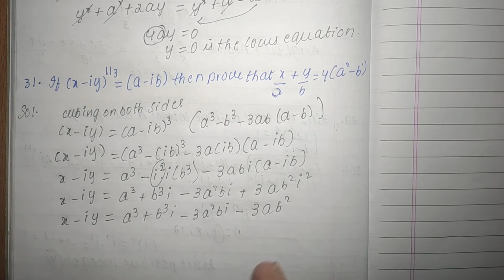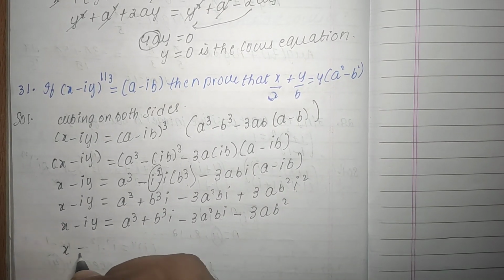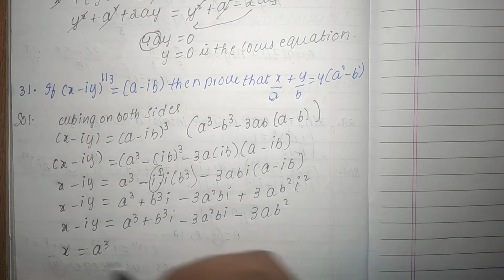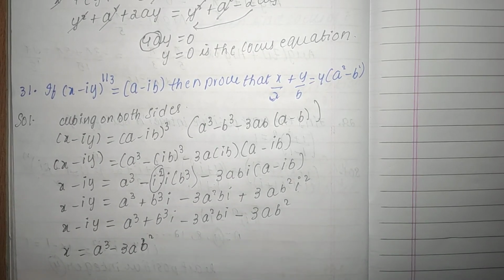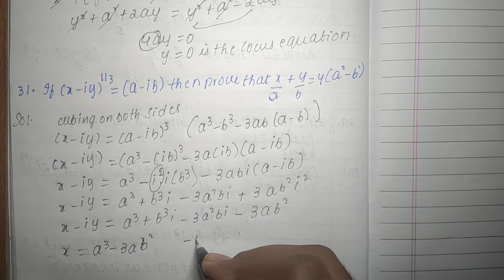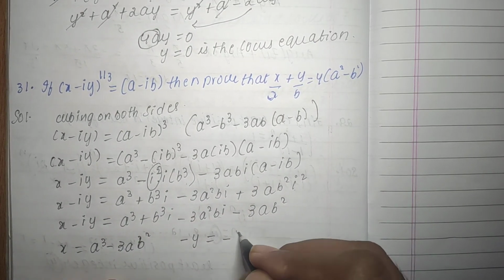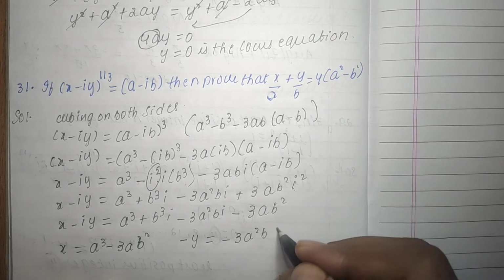Equate real part on both sides and imaginary part on both sides. Real part: x is equal to a cube minus 3ab square. Imaginary part: minus y is equal to minus 3a square b plus b cube.